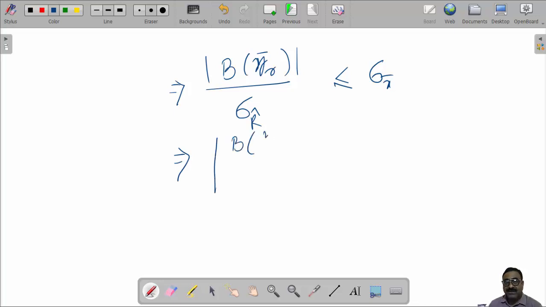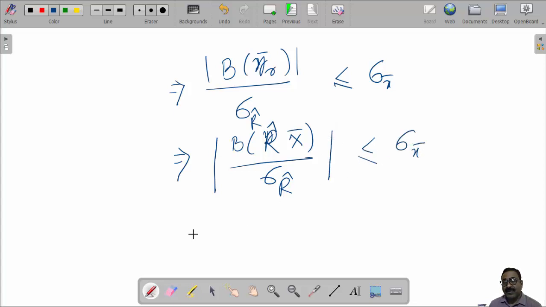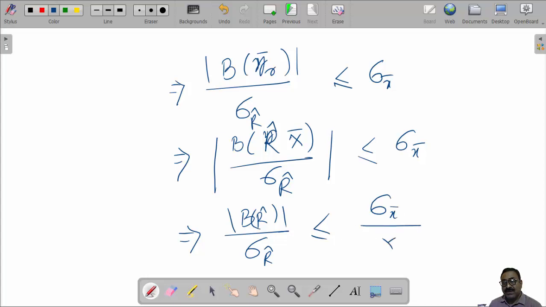That implies bias of r̂ x̄ divided by sigma r̂ less than or equal to sigma x̄. That implies bias in r̂ by sigma r̂ less than or equal to sigma x̄ by x̄.